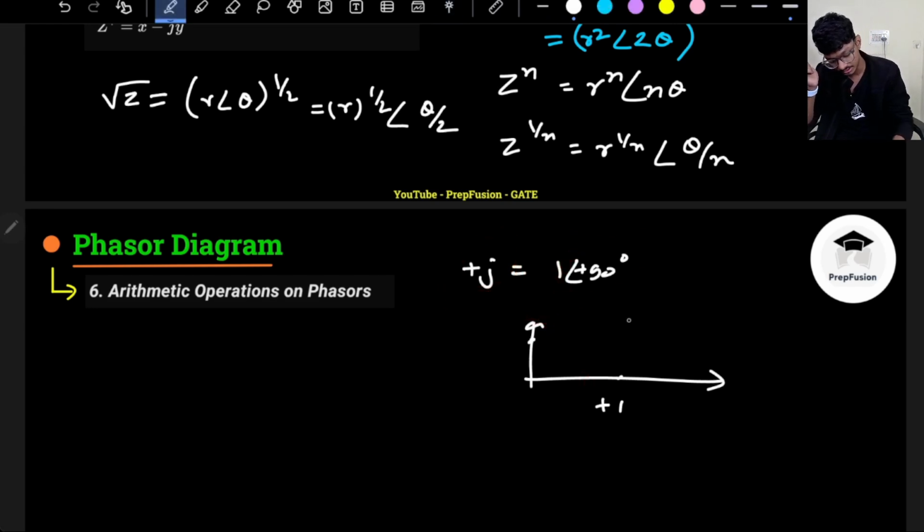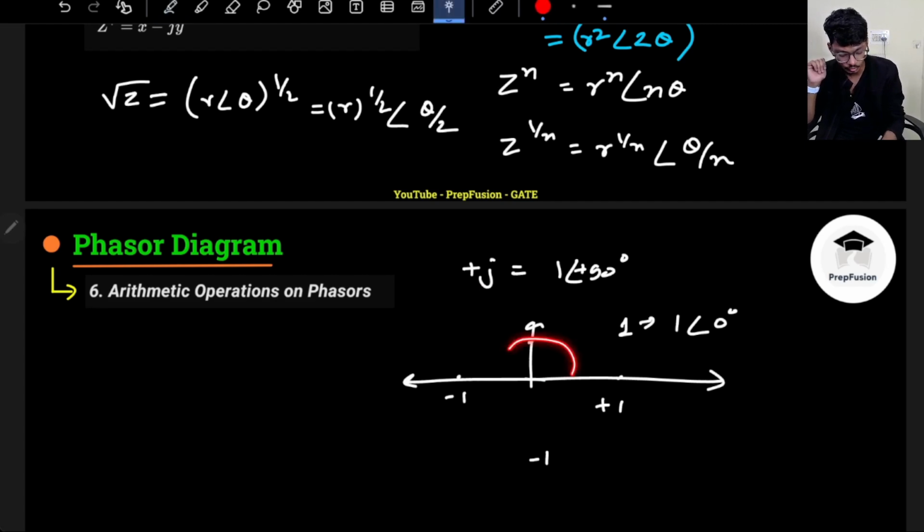How is 1 represented? 1 is simply represented as 1 angle 0 because it is lying on the positive real axis. How is minus 1 represented? So minus 1 is somewhere here, correct? So how much do I have to move? Either 180 degrees in the anti-clockwise direction or 180 degrees in the clockwise direction. Any one works. So basically it will be represented like this.